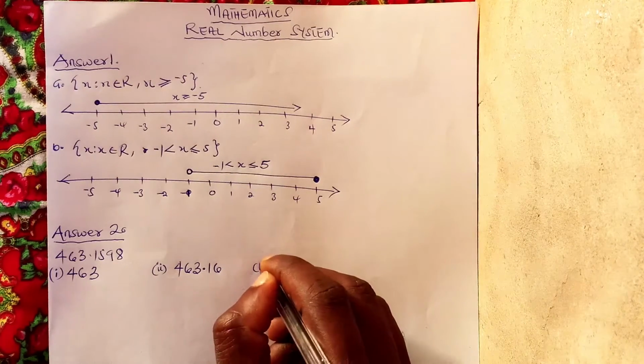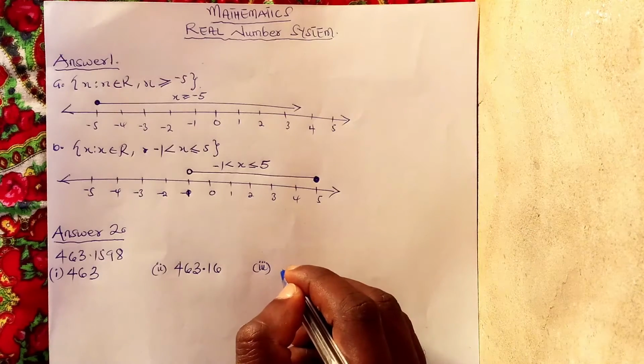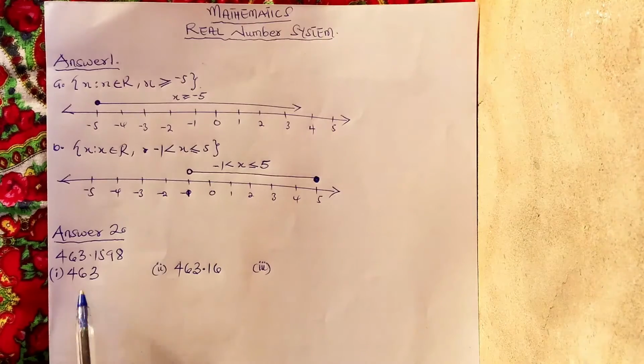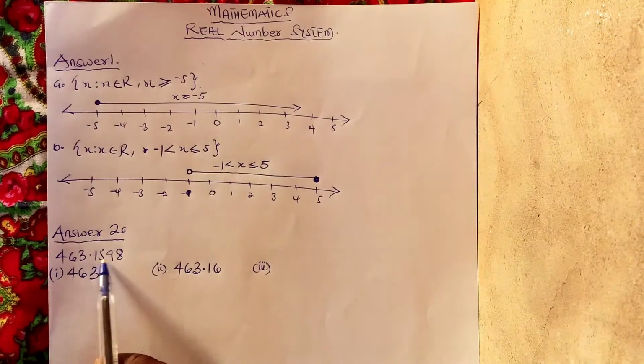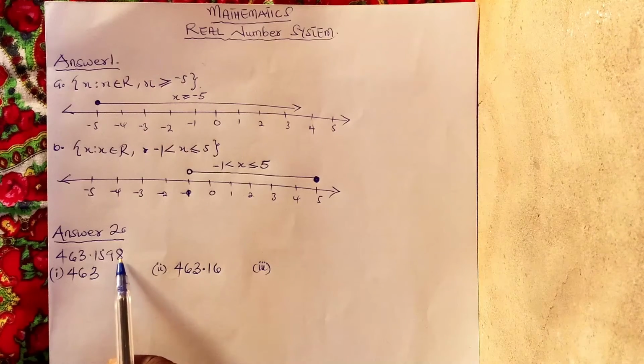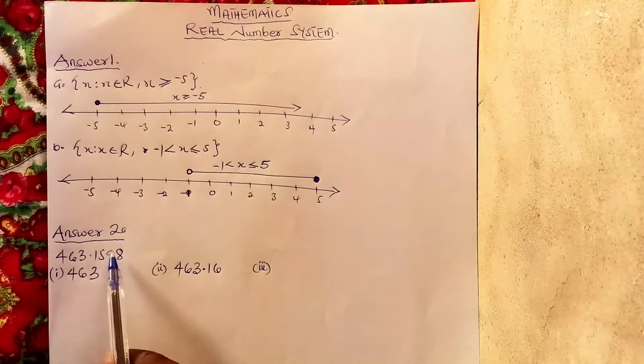III, to the 100. To the 100 we start 1, 10, and 100. This is also 5 or more, sorry. So we have to round it, adding 1 to the 9 to get the 100 figure.